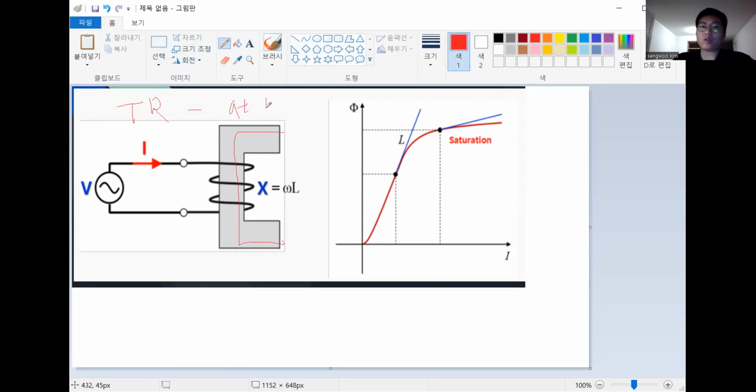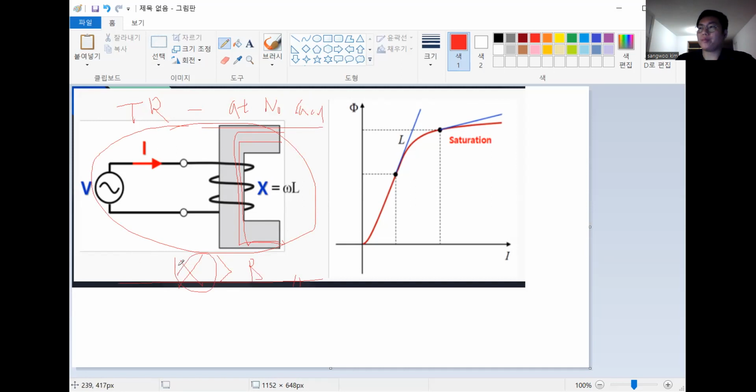At no load the secondary part is open, so this is the primary part. This is totally an RL circuit, just the transformer's R and L. Mostly X is dominant. You know what I mean?